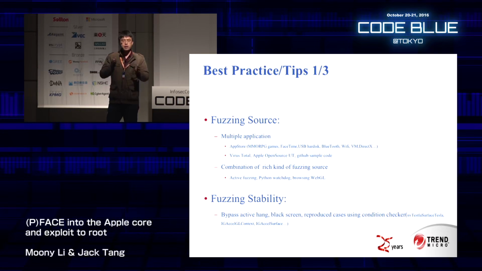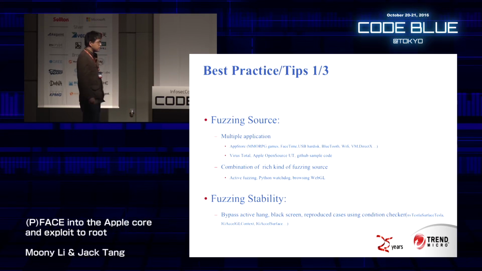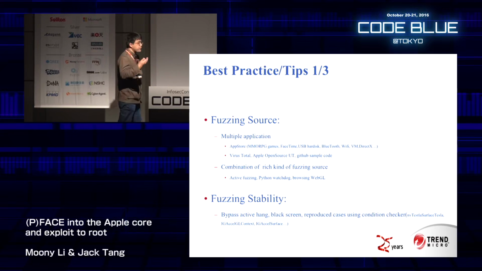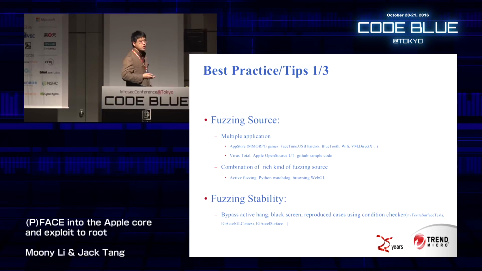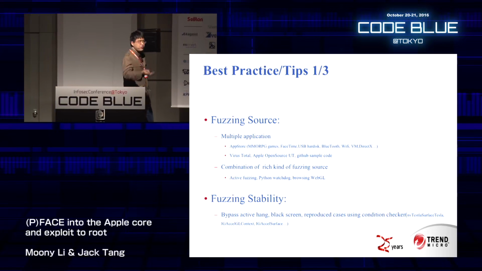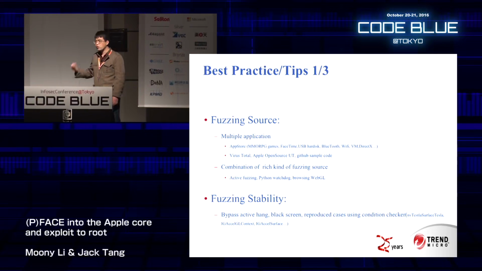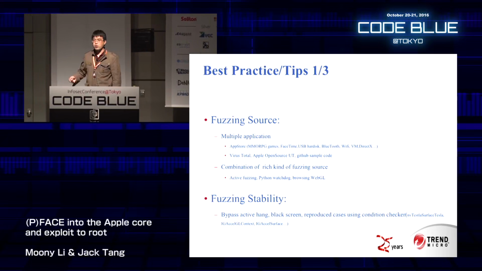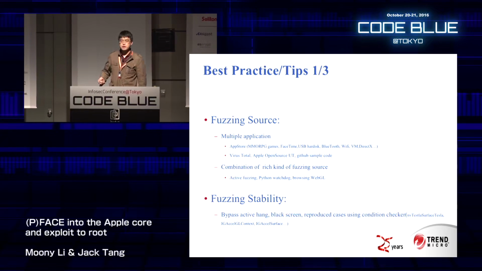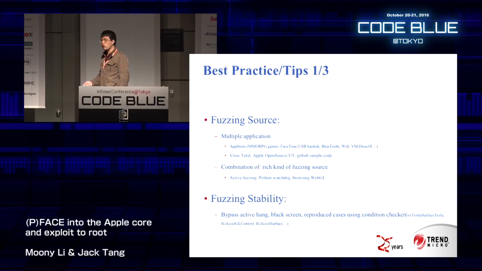So you can complement the passive fuzzing with active fuzzing, just like this. Another point is about fuzzing stability. In our passive fuzzing, it will interfere with the normal use of your OS X machine. So you should bypass the noise or interference using our condition checker.